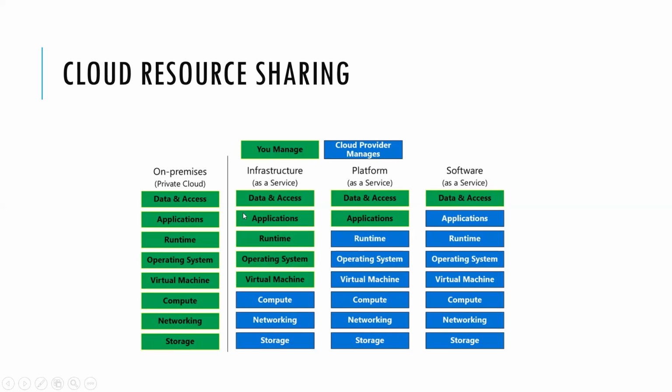In this case, the blue highlighted part is managed by the cloud service provider, and you manage the operating system you want to install on the machine, the runtime, the applications on the virtual machine, and also the data and access you want to control. So this is infra as a service.